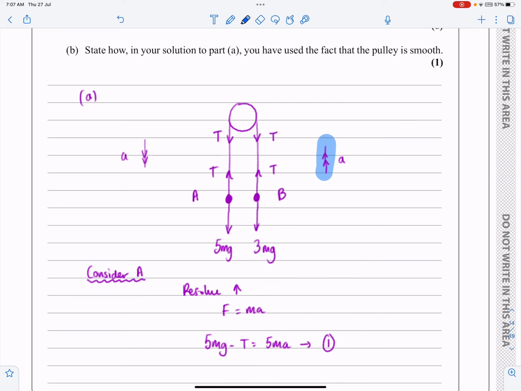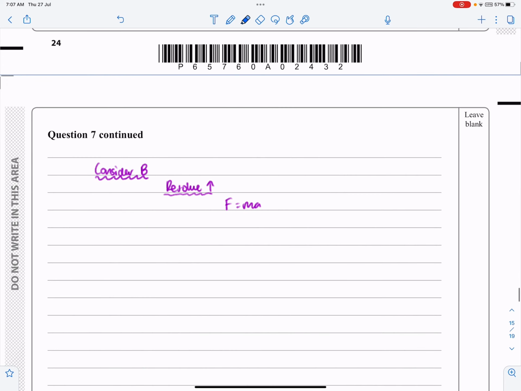And for anybody who's been doing these questions, that's not a surprise, so T minus 3 mg equals 3 ma, which is equation number 2. If I put 1 and 2 together here, I'll just put number 1 underneath it.